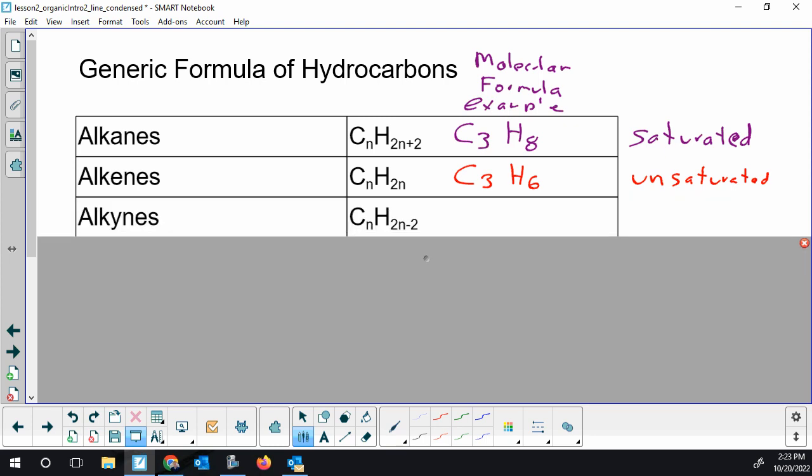We'll kind of continue this pattern with alkynes. We went from a double to a triple bond, and we had to take away 2 more hydrogen to have room for the third bond. So we get a 2n minus 2. Now, the enes and the ynes are only applicable to 1 double or 1 triple. This doesn't work if there were 4 triples.